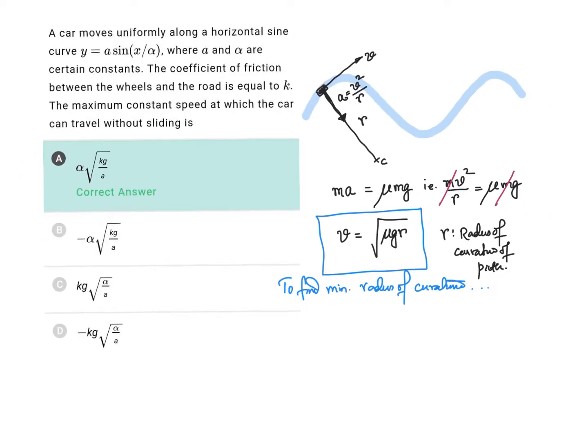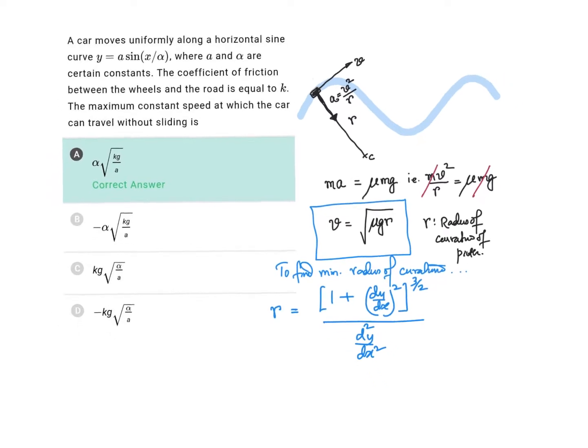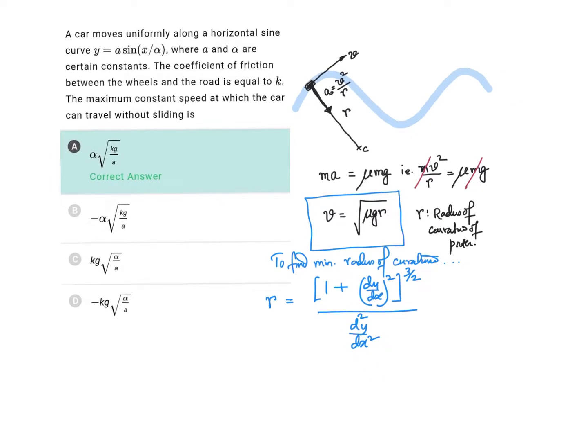Now here we can apply the formula of radius of curvature. So r is equal to (1 plus (dy/dx) whole square) to the power 3 by 2, divided by d2y/dx2. Okay, so what happens in case of a sine curve?